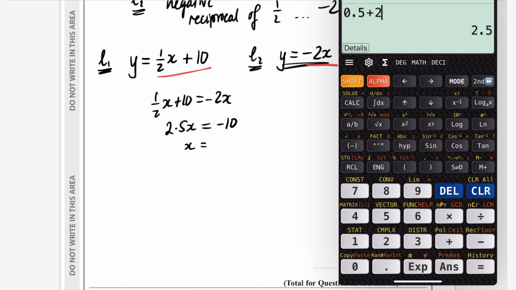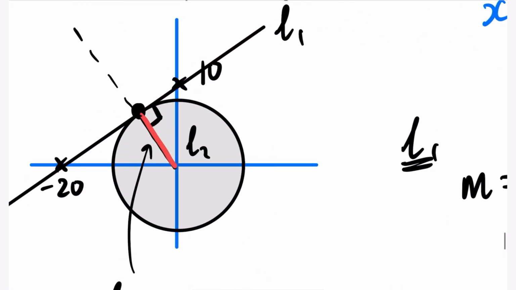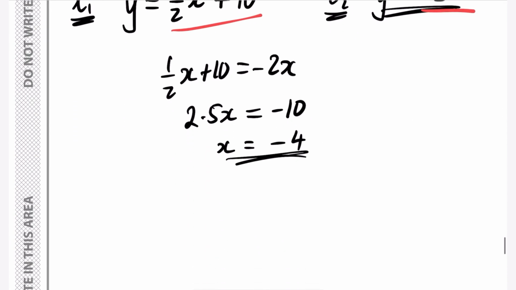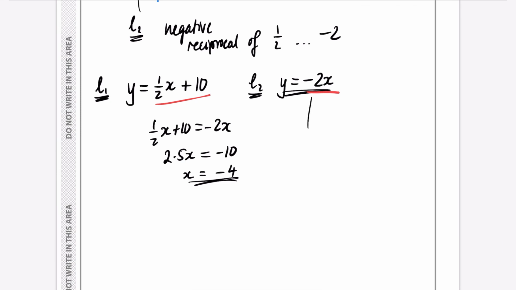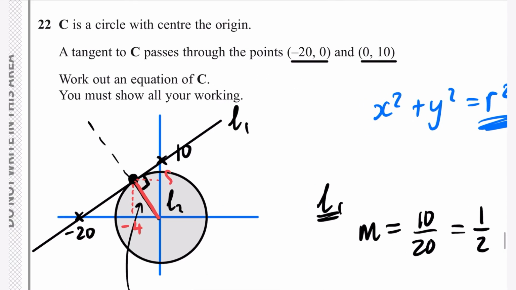So I'll do minus 10 divided by 2.5, which is minus 4. So that means that the x coordinate here is minus 4. Now I can find out what the y coordinate is. So the y coordinate using this one is minus 2 multiplied by the x coordinate, which is minus 4, which is 8. So this is 8.